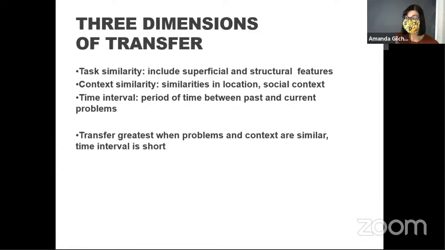Are you encountering these problems in 2 completely different environments? Are you in the same cultural context? And then the time interval is basically the time between when you get those 2 problems. And we tend to find that transfer is often greatest when the task similarity and the context similarity are very highly similar and the time interval is short.